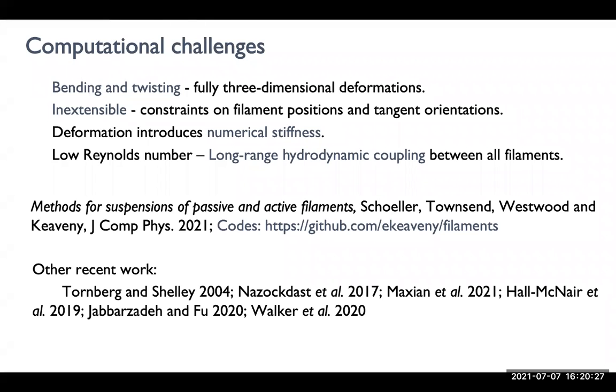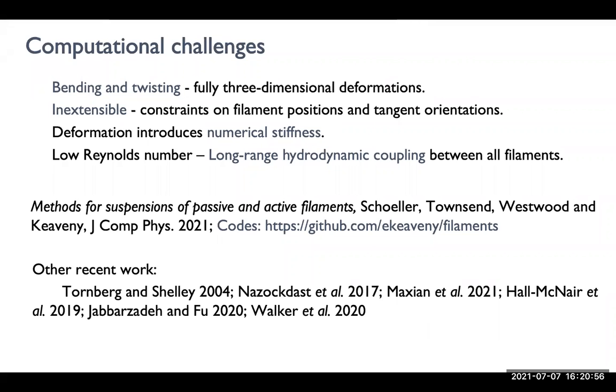So you're going to want a good way of keeping track of this frame that you need to evolve along the length of a filament. The other thing that comes up are these constraints on the positions along the length of each filament and their tangent vectors. So you want to retain this inextensibility as the simulation evolves.